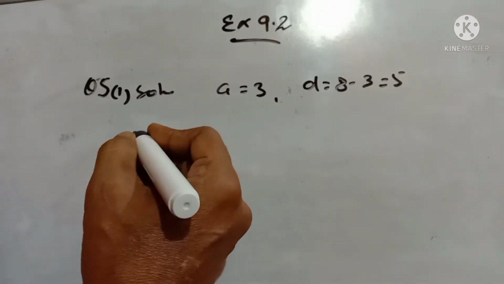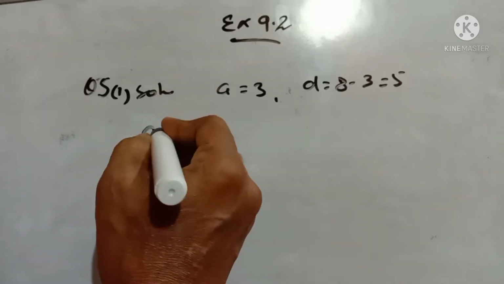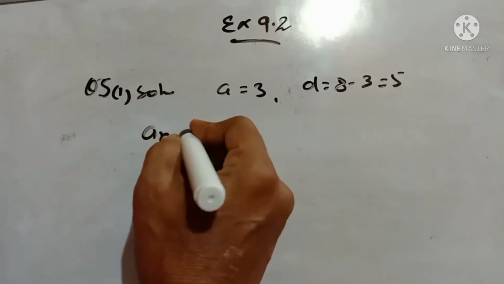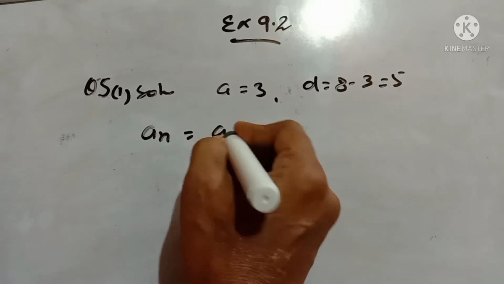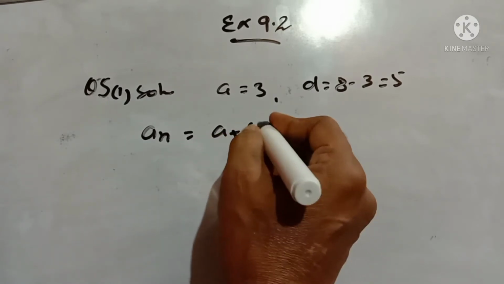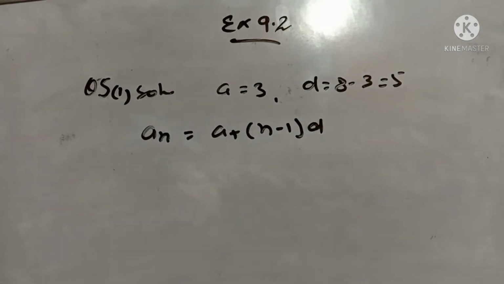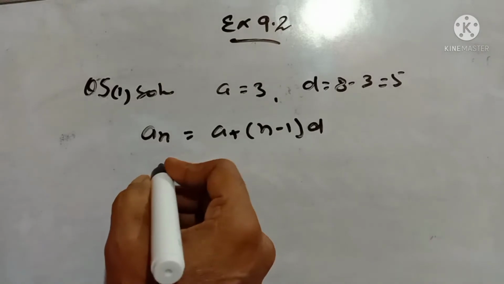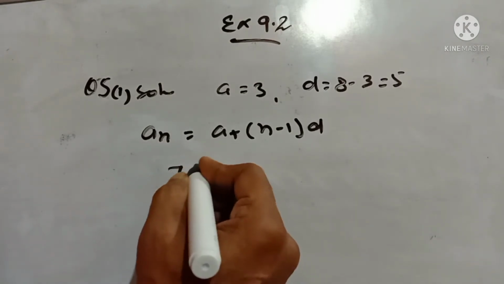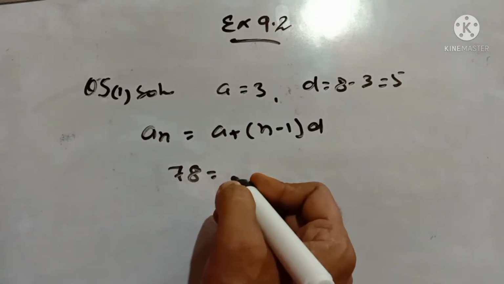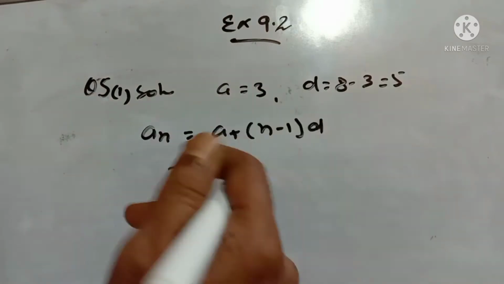Now we have to find out n. So an equals a plus n minus 1 into d. Our last term is given, that is 78. So I can write 78 is equal to, and we have to find out the value of n.